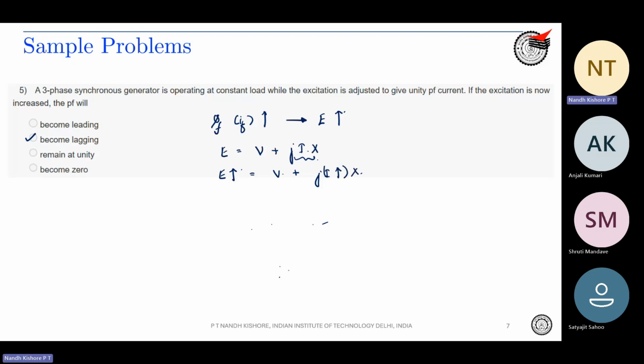That is, the reactive part of your current is increasing, and this is a plus j term. That's why your power factor becomes more and more lagging.